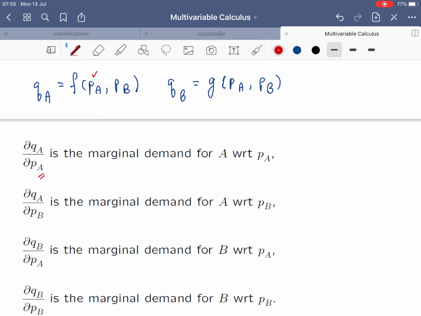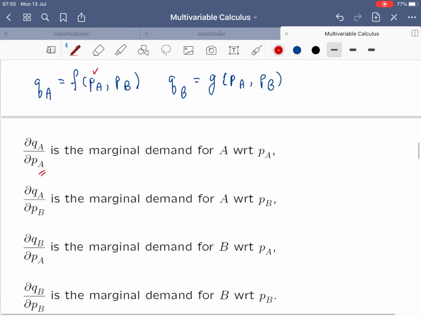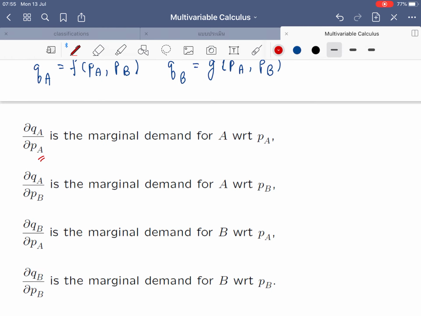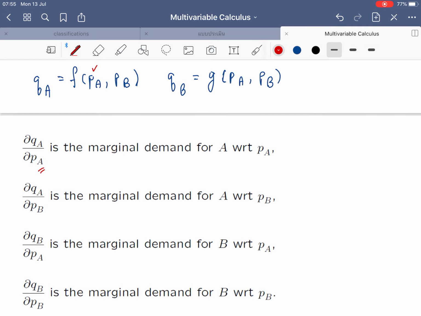What does that mean? It is the rate of change of the demand as your price A changes, in terms of increasing. So this is the rate of change of the demand of product A as the price of product A is going up.